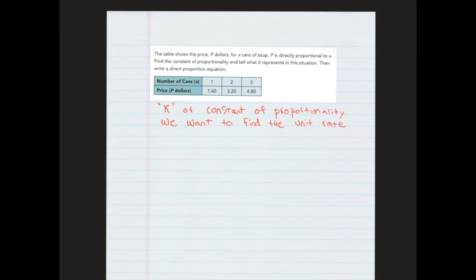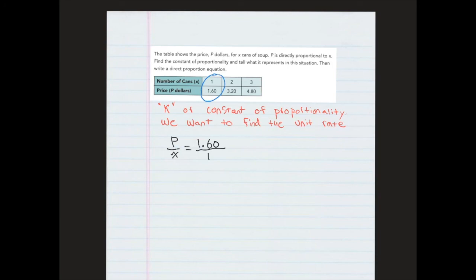So what we do is we take our variable for price and cans, and we'd say, well, it's $1.60 for one can. And I'm just getting that information from right here.